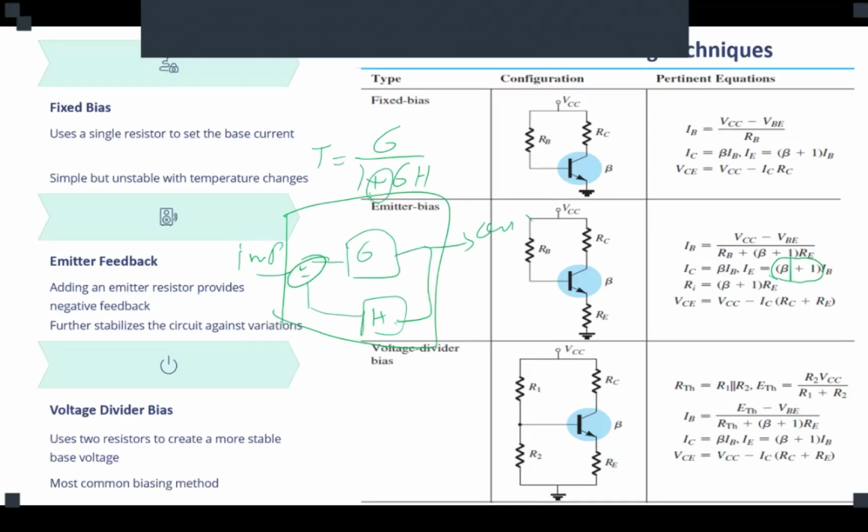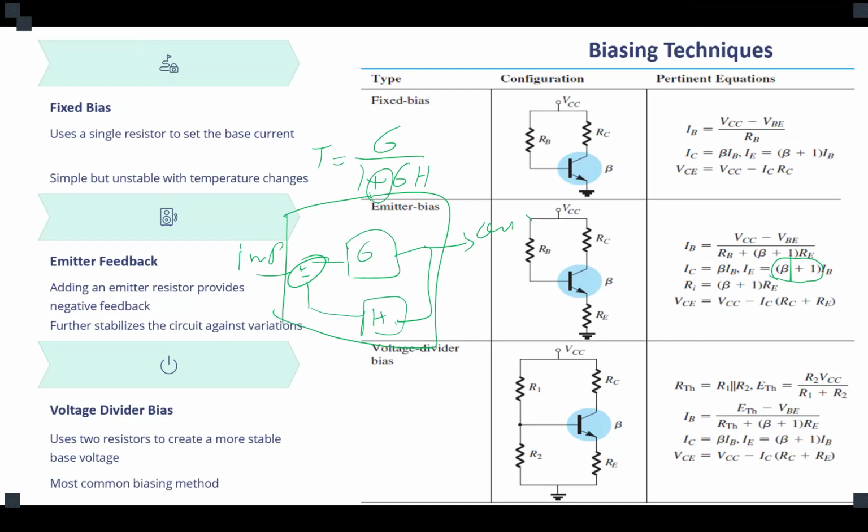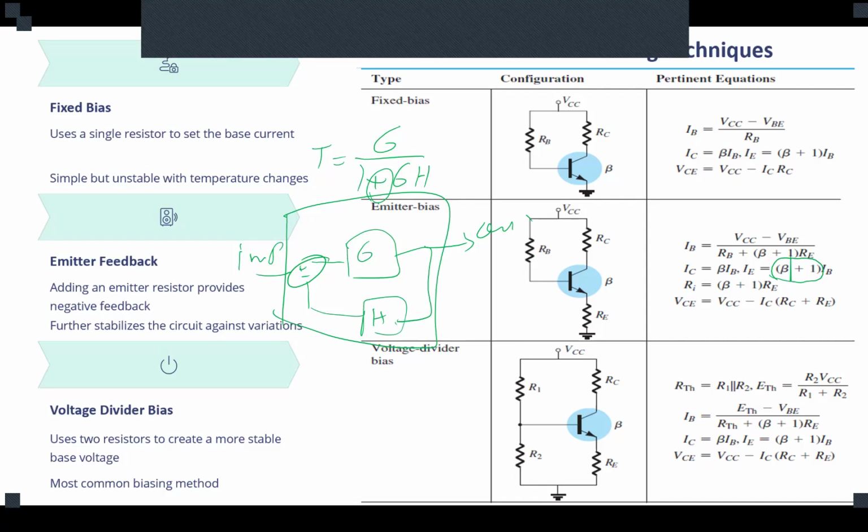Negative feedback has a plus in the formula. Positive feedback has a 1 minus GH. I don't know if you have control systems in the course, but you can easily search on that. So this is why we call it a negative feedback. It gives you a negative feedback and helps you to stabilize your bias.